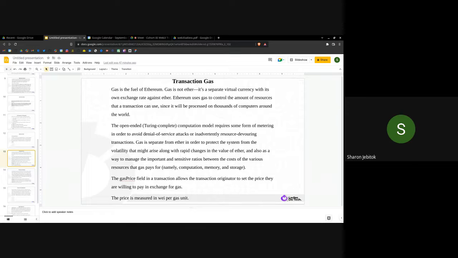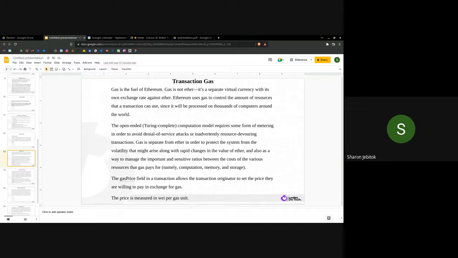Among the things that the gas will pay for are the computation process, how the miners get to verify the transactions, then the memory capacity that was used when running that transaction, or which that given transaction occupied on the blockchain, and also storage.